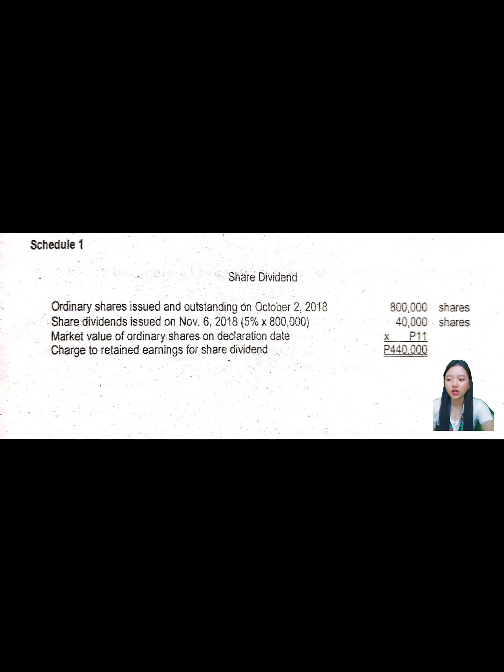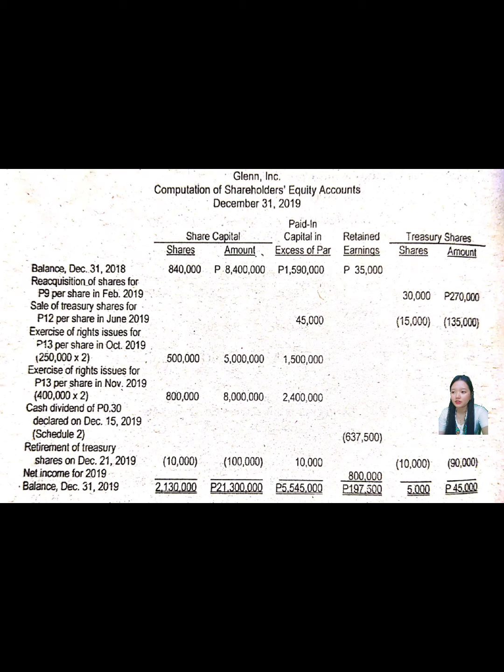So our market value of ordinary shares on declaration date is equal to 11 pesos. So this makes our charge to retained earnings for share dividend 440,000 pesos. So next is Glen Incorporated's computation of shareholders' equity accounts, December 31, 2019.